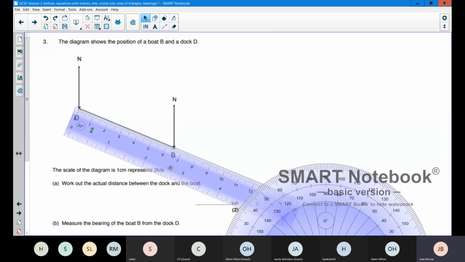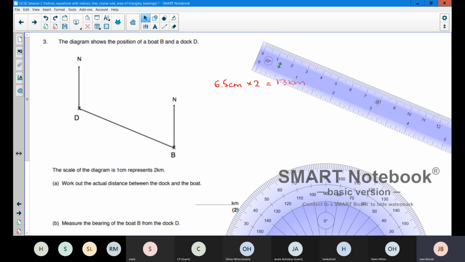If I measure from 0, that is 6.5 centimeters. But remember that 1 centimeter is 2 kilometers. So 6.5 centimeters times 2 is 13 kilometers. Okay, so that is just working with the scale. So it's 13 kilometers.